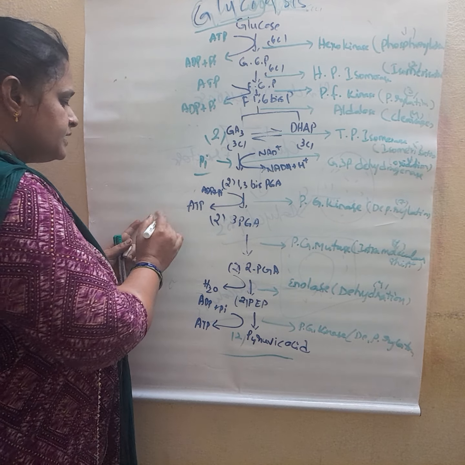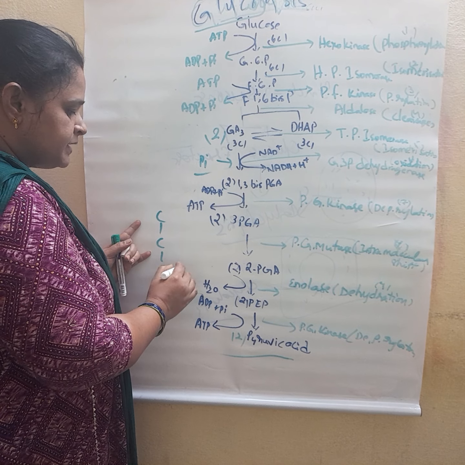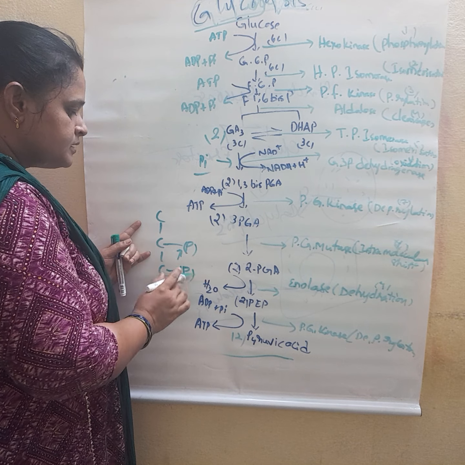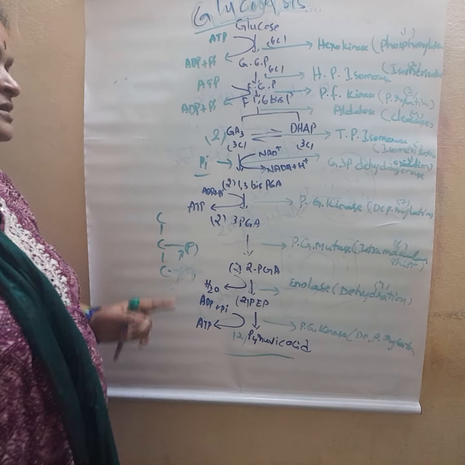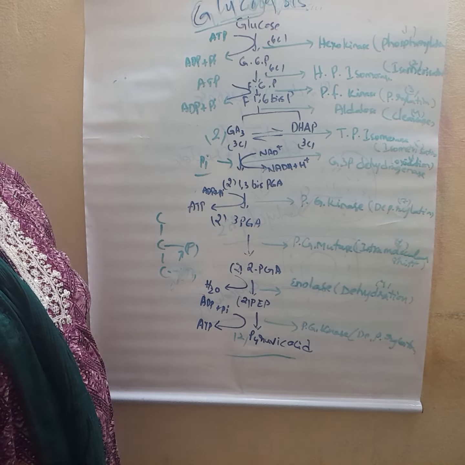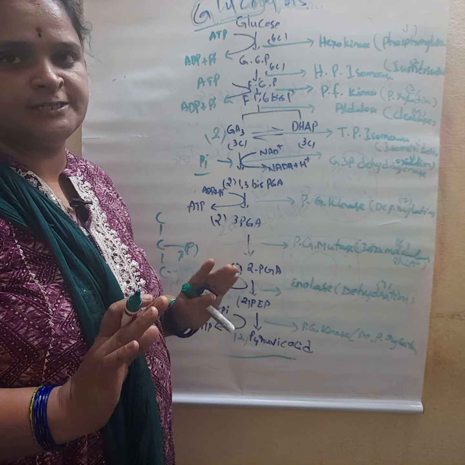Here it is a 3-carbon compound; at the 3rd place the phosphate is there. Now this phosphate is shifted to the 2nd place. This is called 2 PGA. The enzyme is called phosphoglyceromutase, and this reaction is called an intramolecular shift.